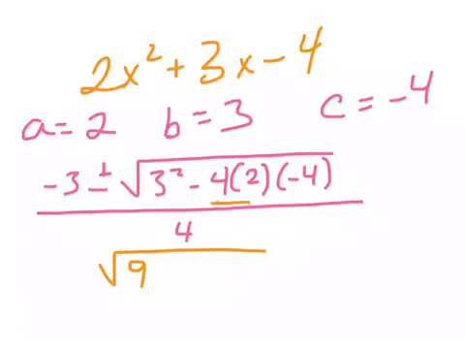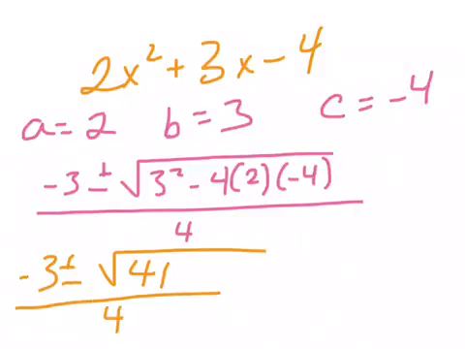So negative 4 times 2 is negative 8, times negative 4 is positive 32. So we have 9 plus 32, which is 41. So I'm going to rewrite that under here, the square root of 41. And we have negative 3 plus or minus the square root of 41 over 4.